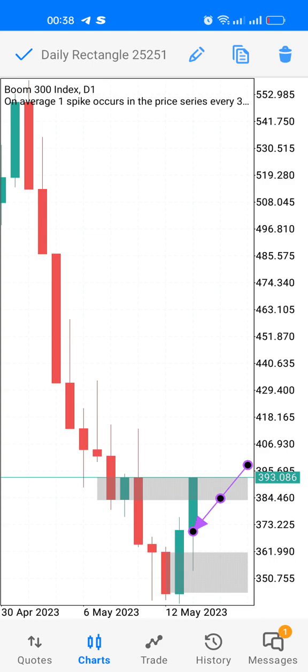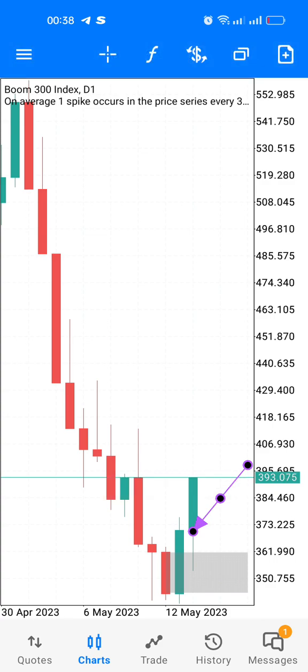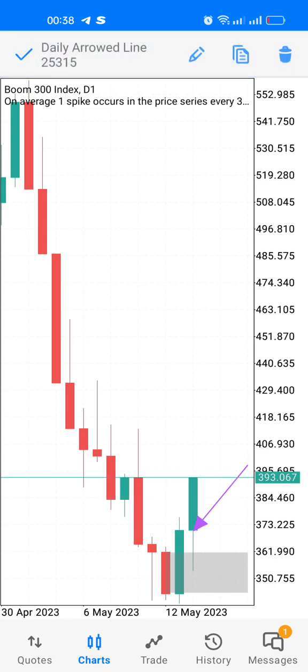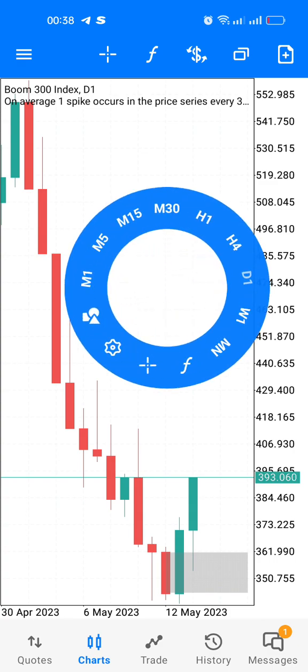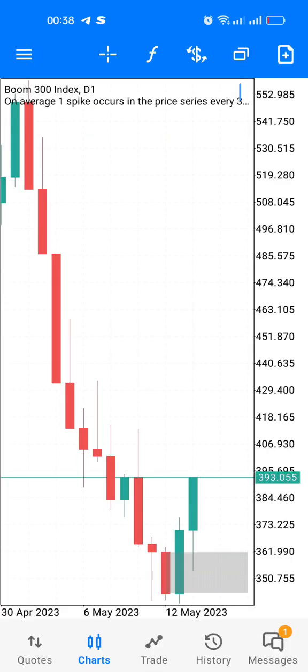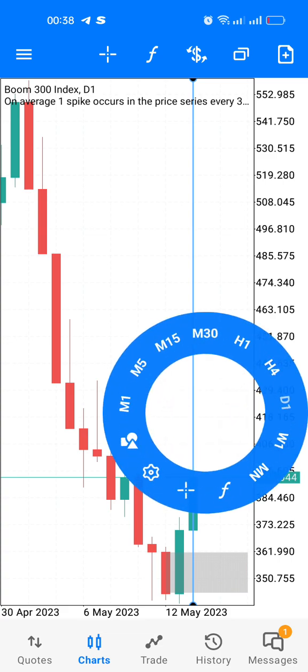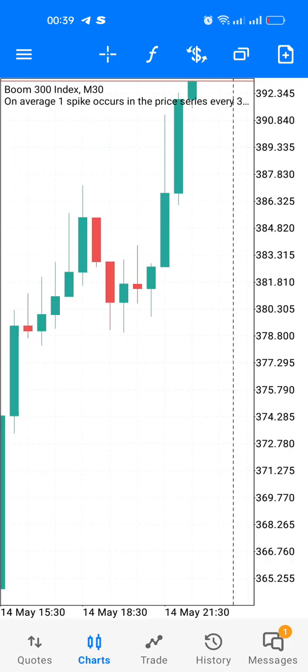So when it came back to retest, let me show you again. This is for the purpose of explanation. I've already marked my base.